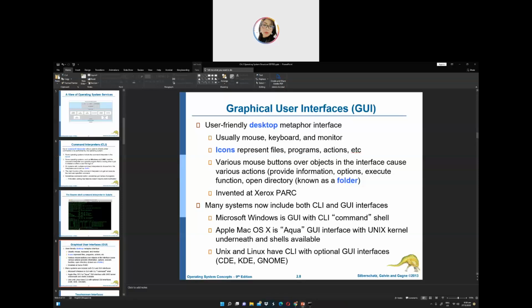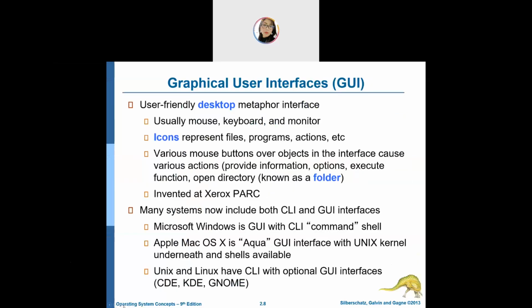Okay, and then you have the various mouse buttons and the object interface, which is the cause and action for you to provide information, and options for you to execute a function or application, or even open a directory, open a file, open a folder, which is known as a folder. You are normally familiar with the folder name.